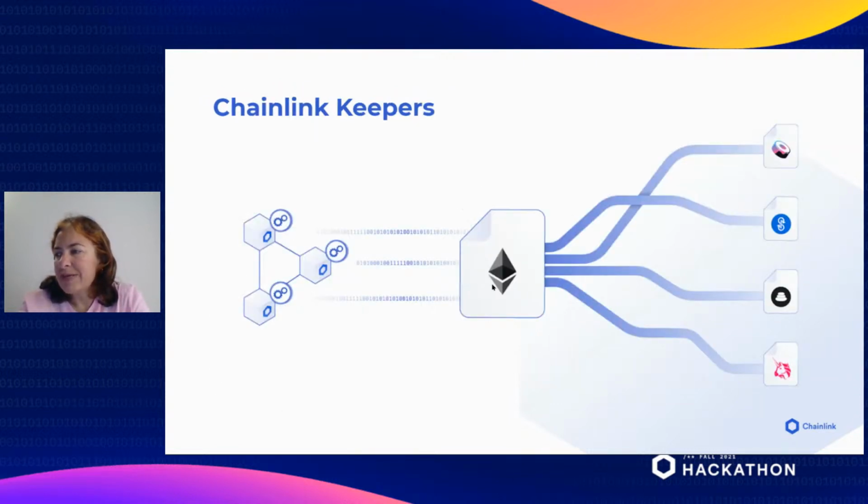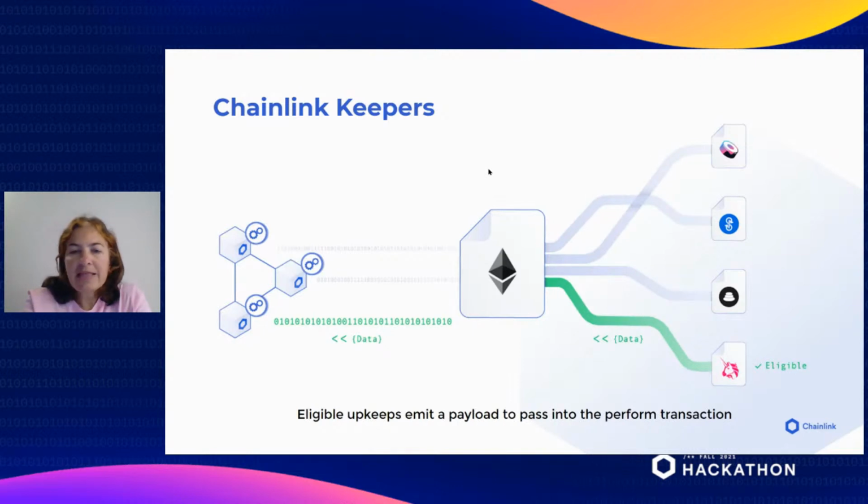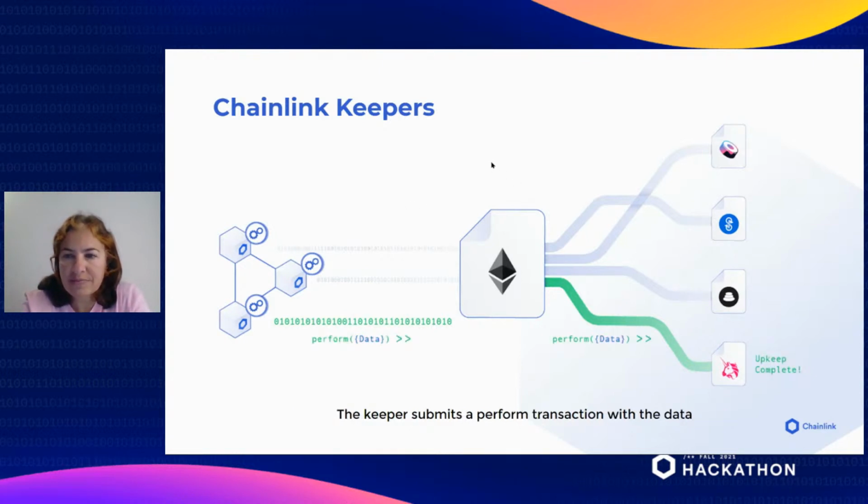Like this, we have a smart contract that can interact with other smart contracts. And in every block, the keepers are checking the registry for some upkeeps that can be run at this moment. And then if we find some job that needs to be run, that you need to run some transaction, the keepers will do it. It's important that the keepers are submitting a transaction with our data.